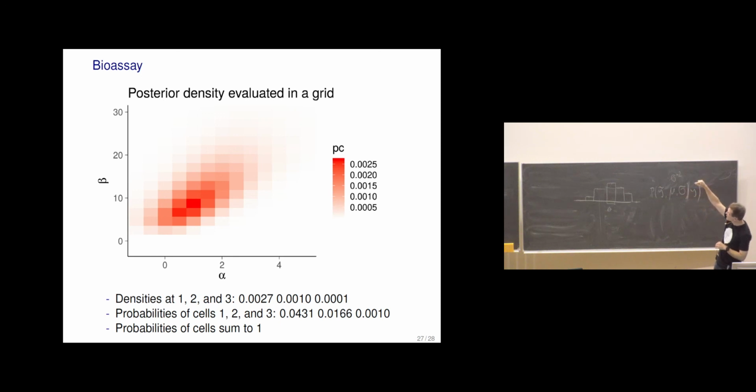Starting from the topmost and next to it, a few of those locations 1, 2, and 3 should be marked. We have certain densities, and then we can take into account the cell area, we get probabilities, and the probabilities over all cells sum to 1 when we have normalized them.